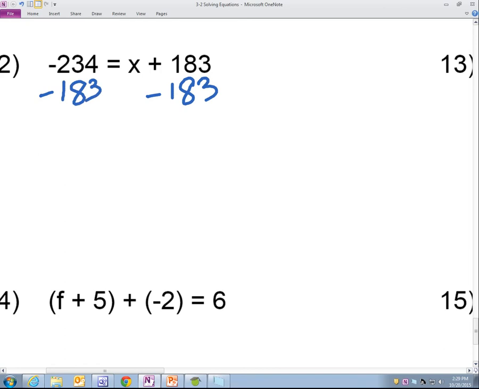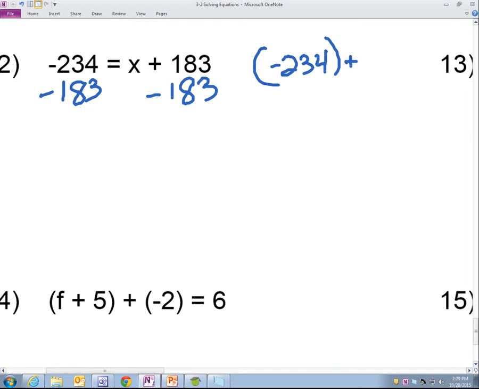And my integer rules say that whenever I have the same sign, and I'm subtracting 183, I'm going to do the keep, change, change.